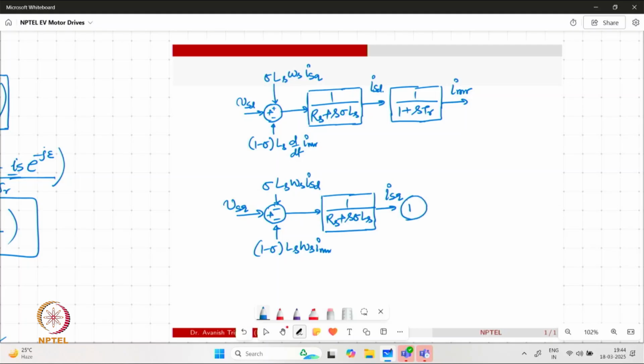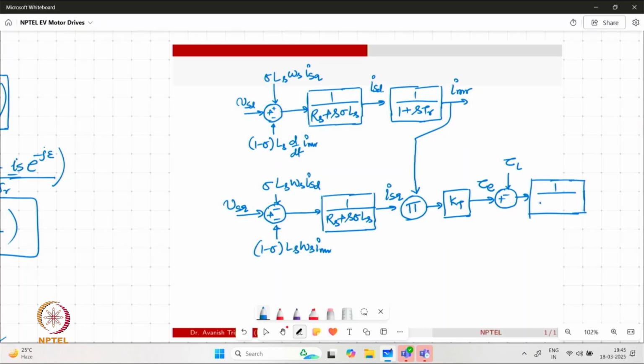So there is a product term with the IMR and again KT to generate the electromagnetic torque, from which basically the load torque is subtracted and the resultant is fed to the mechanical model of the system. And this results into the mechanical speed. So for keeping uniformity, we can have all the speeds given in electrical radian per second.